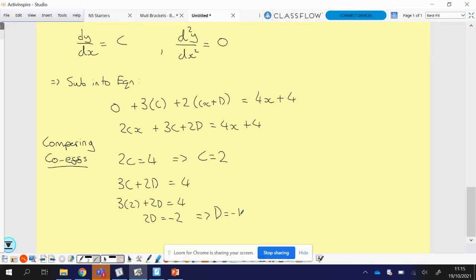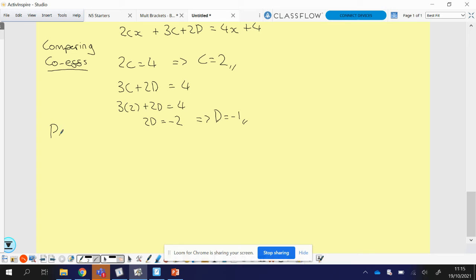So I found my two constants for the particular integral. Therefore, the particular integral y equals, well, it was cx plus d, so it's going to be 2x plus d, which is minus 1.